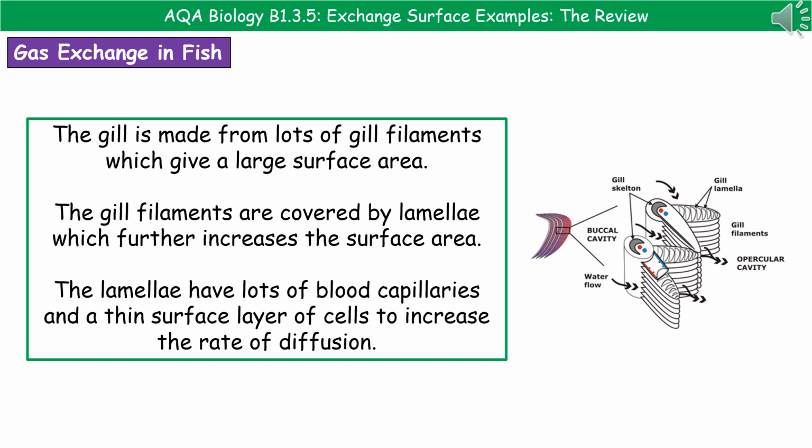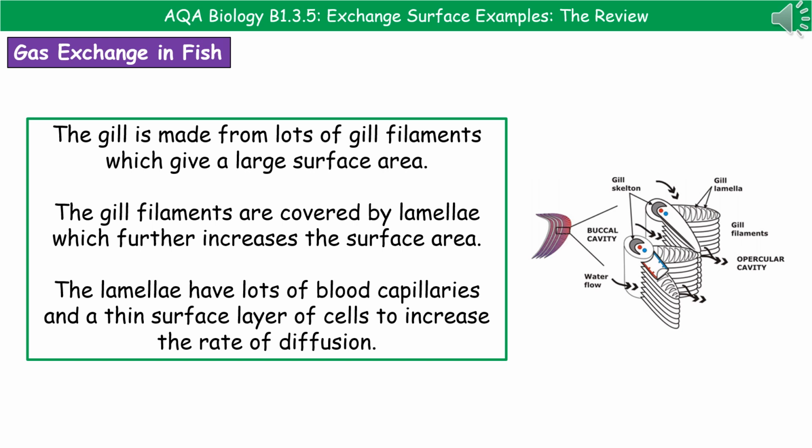In terms of how the gill has been adapted to suit this function, when we look at the gill, it's actually made from lots of things called gill filaments. And that means we've got a really large surface area again. But in addition to that, those gill filaments are covered by this other structure called lamella, which further increases the surface area.